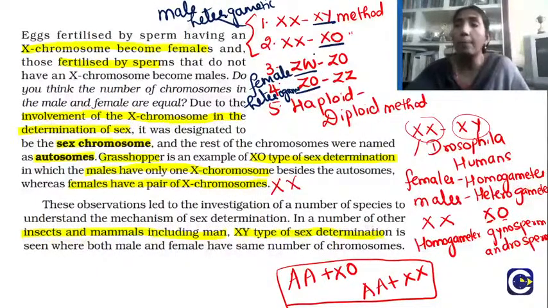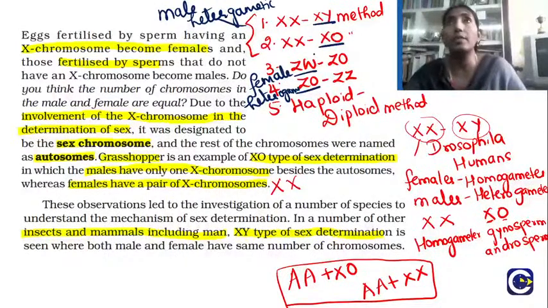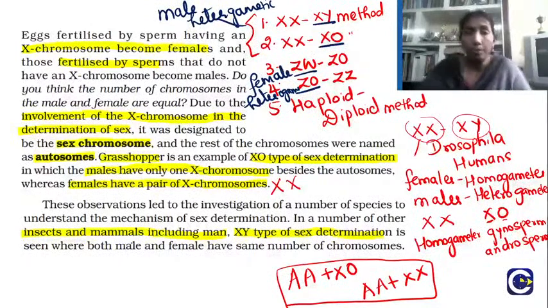There is also the haploid diploid method, which is quite common, like what we study in parthenogenesis. In the same way, the unfertilized egg will develop into a male, which we call arrhenotoky. So here we have the males and the females.